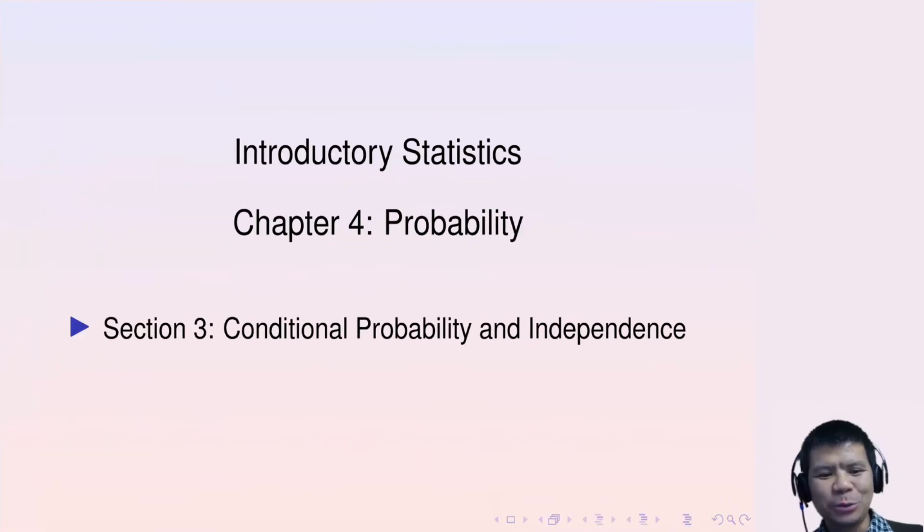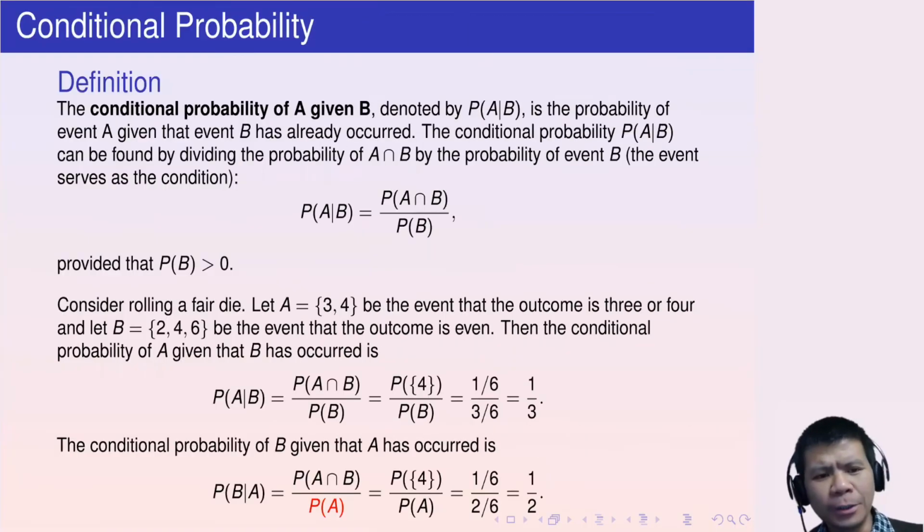All right, next we are going to move on to section 3 on conditional probability and independence. So firstly, what is conditional probability? Conditional probability is the probability of one event given that another event has occurred. In many cases, the occurrence of one event influences the probability of the occurrence of another. Let me give you an example.